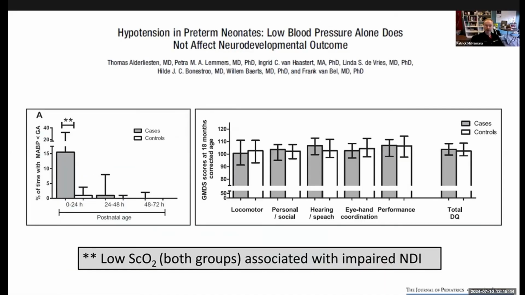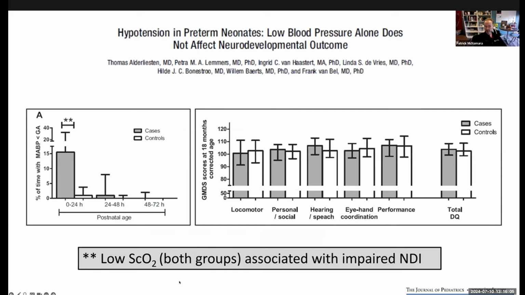So we need to evolve in our thinking. Blood pressure is important. It does mean something, but we need to think beyond just looking at the blood pressure and look more comprehensively at hemodynamic stability. This study from Frank van Bel's group emphasizes it quite nicely. When they looked at the neurodevelopmental outcomes of hypotensive babies, they found no difference between the groups.